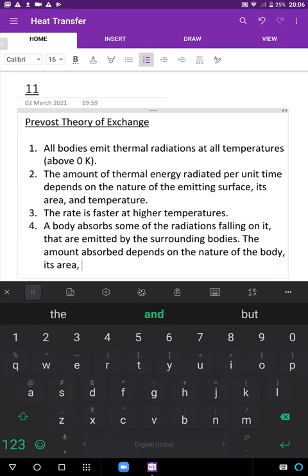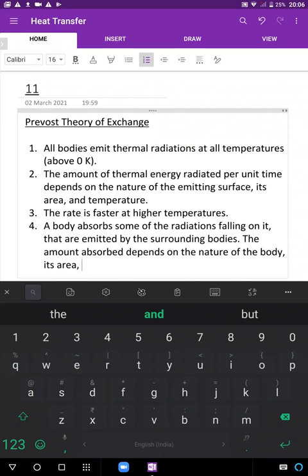It depends on the area: more area means it will absorb more energy, as more will fall on it. The greater the area, the more the chance of energy falling on it, so it will absorb more.